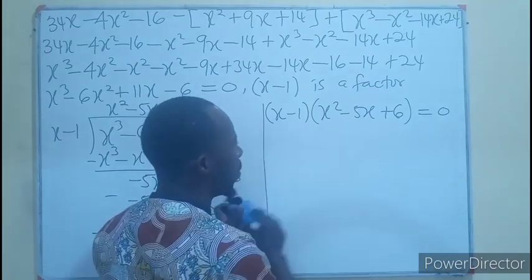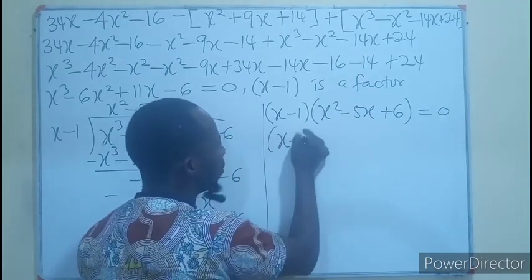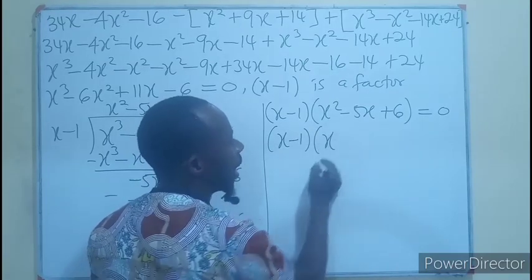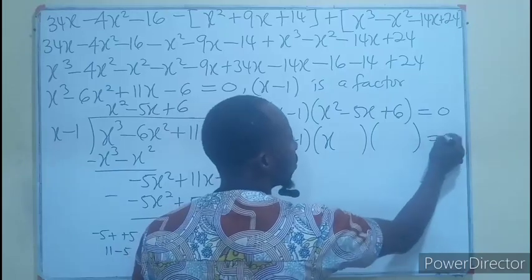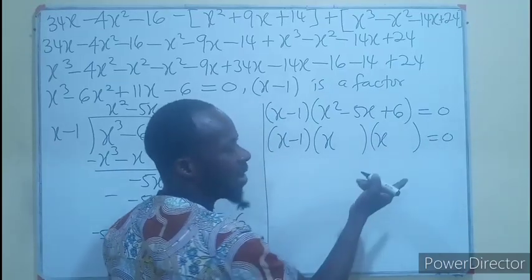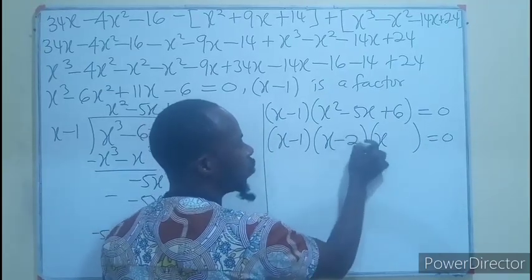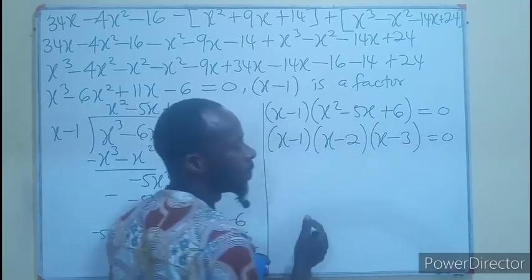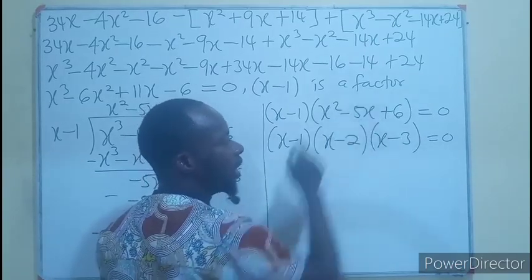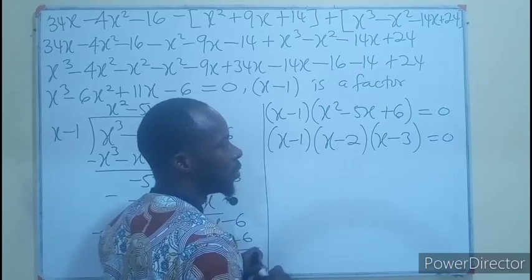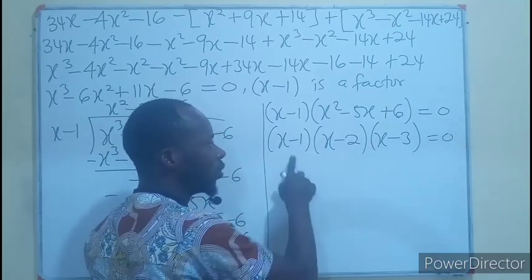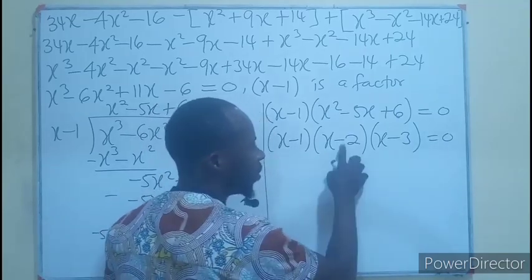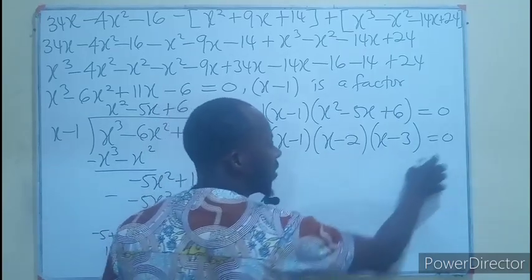So it means I'll only be having x minus 1, x in the first bracket. Don't forget, it will be in 2 brackets. The second will be x. What are the factors? The factors are minus 2 and minus 3. If you expand this, we get back the top. So there are 3 brackets that are multiplying, and all of them equal 0. It means either this is 0, or this is 0, or this is 0.